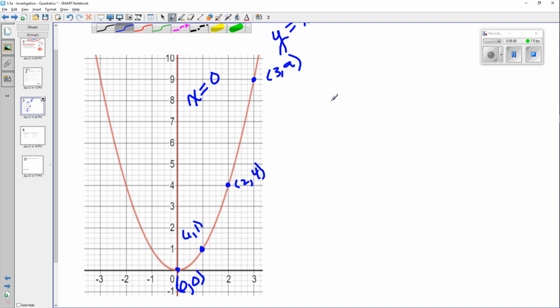Remember with our original lines, we would always go over one and up one, over one, stuff like that to find the points on the straight line.